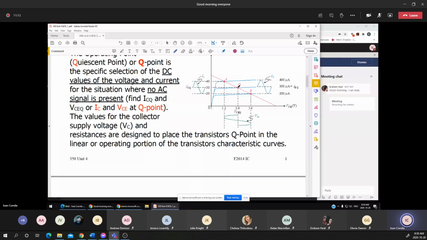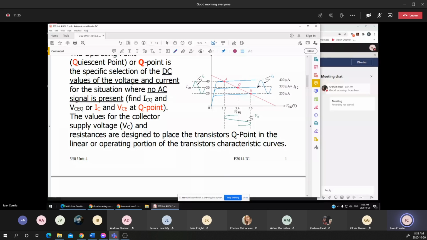Remember that the Q point is established by the external devices and the DC voltage source. On top of that, we are applying an AC voltage source on the base. It means that the input voltage, or the base voltage, or the base current has a certain value.